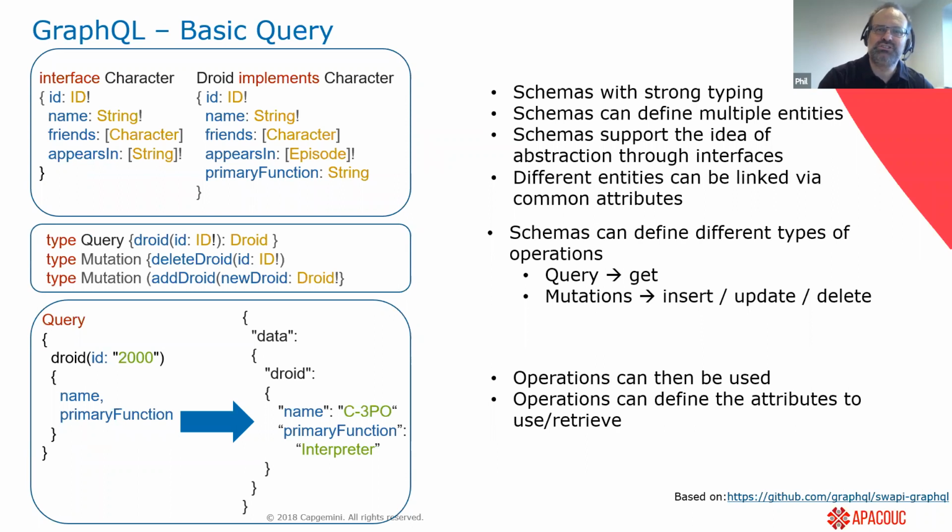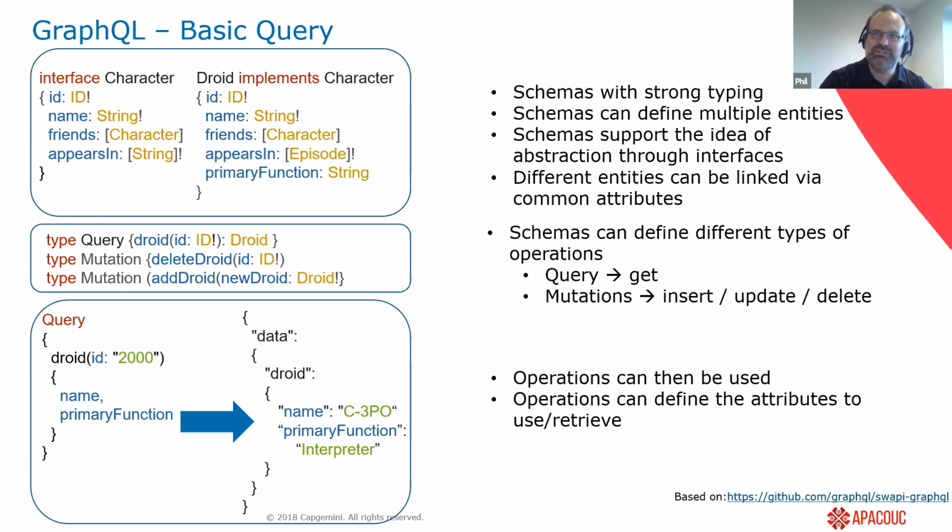So let's have a look at a little example of a GraphQL-based solution. This is based on the Star Wars API, and I've abused it somewhat to make it a little bit more presentation friendly. But you'll see the principles here. I can define an interface called character, and within that I then define the attributes of character and what data types they are, and whether they're lists or mandatory values. So the bang at the end of the declaration means it's a mandatory value.